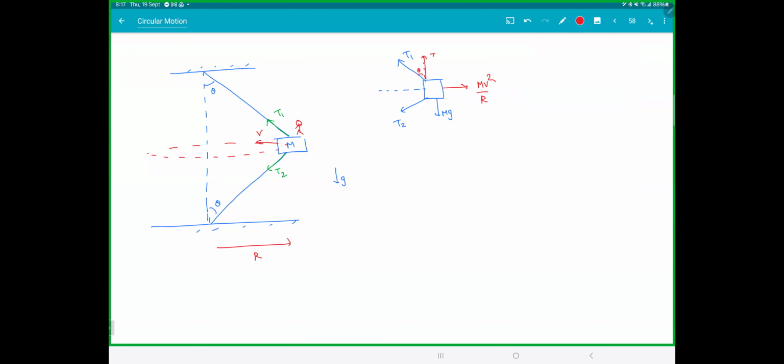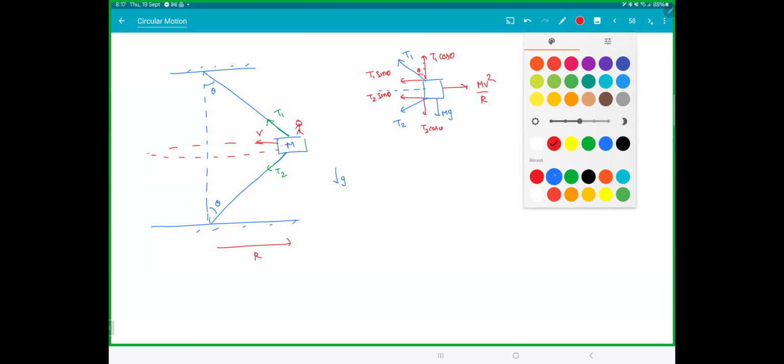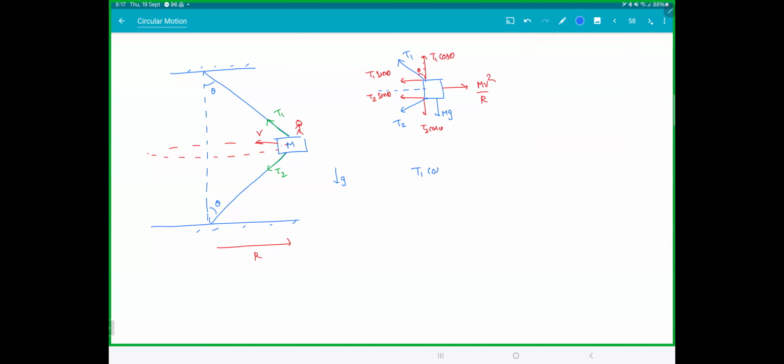So components will be T1 cos theta, T1 sin theta, T2 sin theta, T2 cos theta. So T1 cos theta minus T2 cos theta is mg. So we get T1 minus T2 is mg by cos theta.